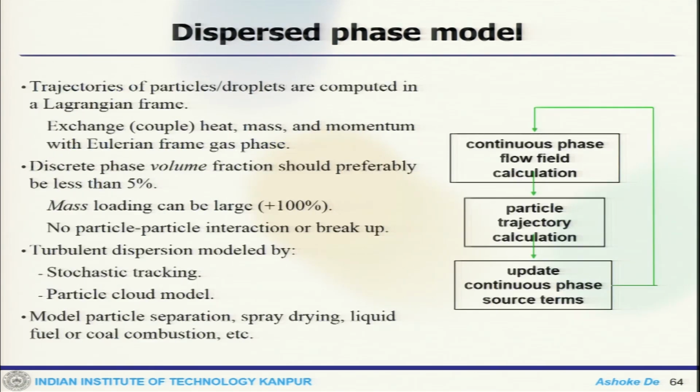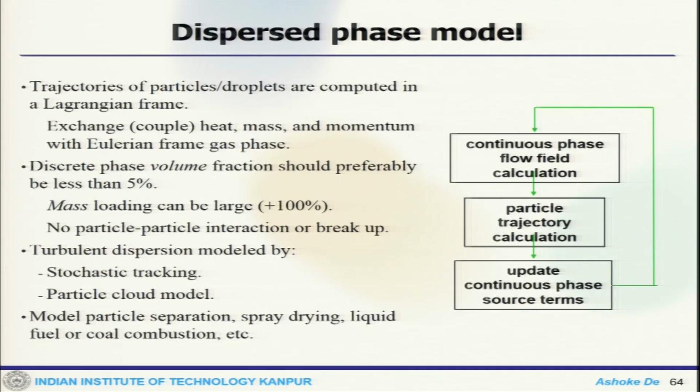Now we can start looking at the background of the discrete phase model, or DPM. The trajectories of particles or droplets are computed in the Lagrangian frame. We then have the capability of coupling the particles to the gas phase, updating the continuous phase source term and moving to the continuous phase calculation.